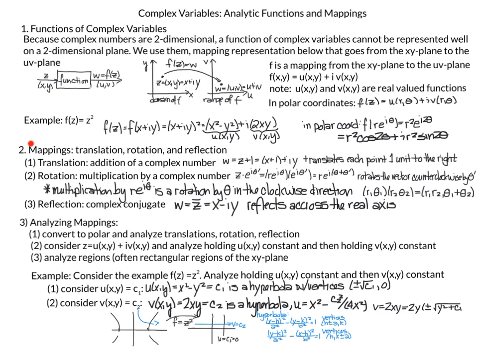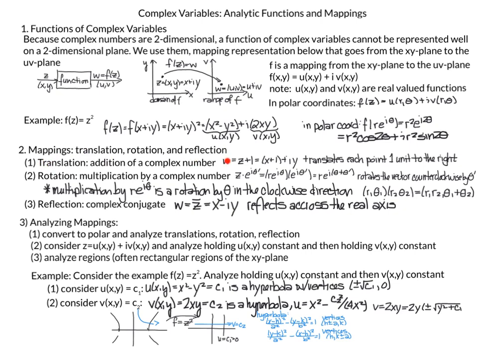The next thing we talked about is that mappings boil down to translations, rotations, and reflections. And in fact, reflections are just a special case of rotation. Translations we saw correspond to addition of a complex number. So when you add a complex number to another, you translate your original complex number.